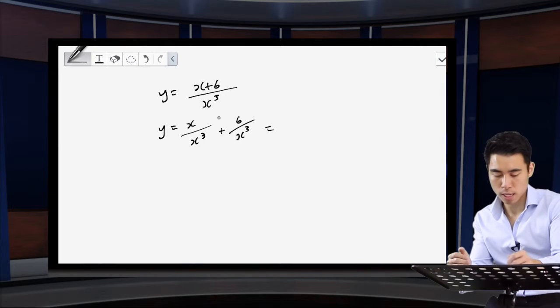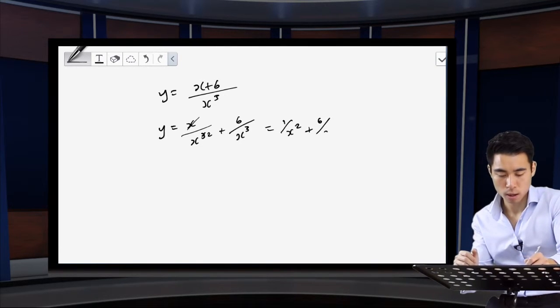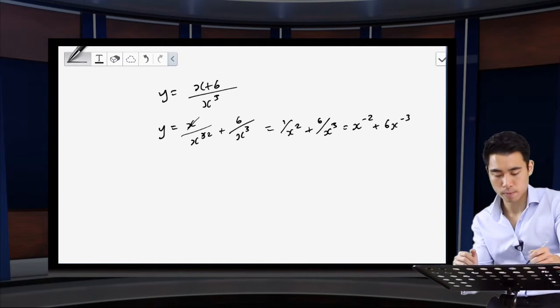Okay, how can I rewrite this such that I just have a single power on my x? Well, if I cancel that, that will decrease down to 2. So I have 1 over x squared plus 6 over x cubed, which is the same as x to the power of minus 2 plus 6 lots of x to the power of minus 3.